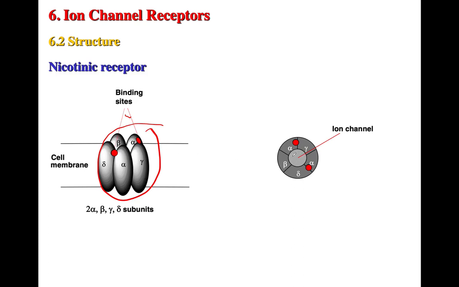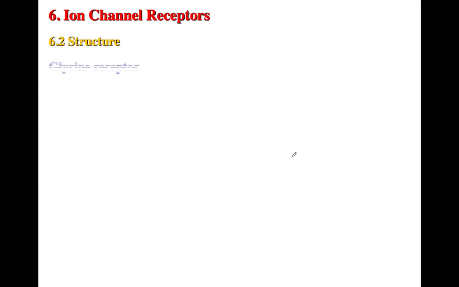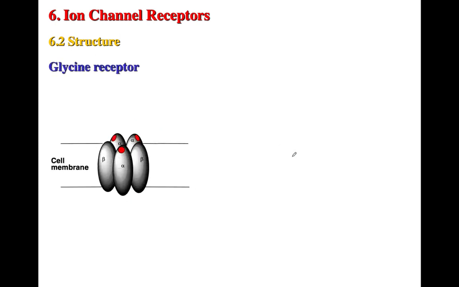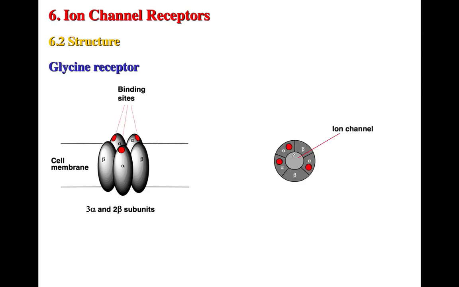This is the nicotinic receptor ion channel. Some of these receptors, such as nicotinic and muscarinic, were given names based on natural substances that have an effect on them. There are 2 ligand binding sites that are mainly on the alpha subunits for the nicotinic receptor. Then you can also have a glycine receptor. Glycine receptors are different. They have 3 alpha subunits and 2 beta subunits, and the binding sites are located on the alpha subunits.